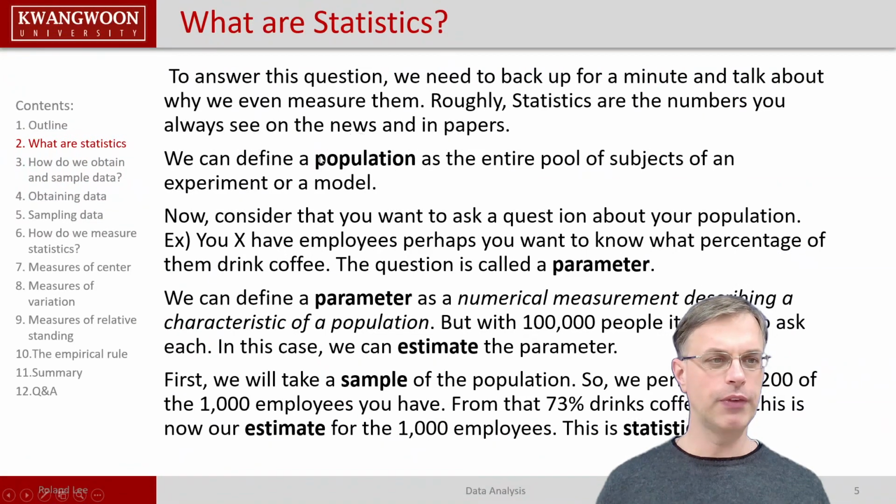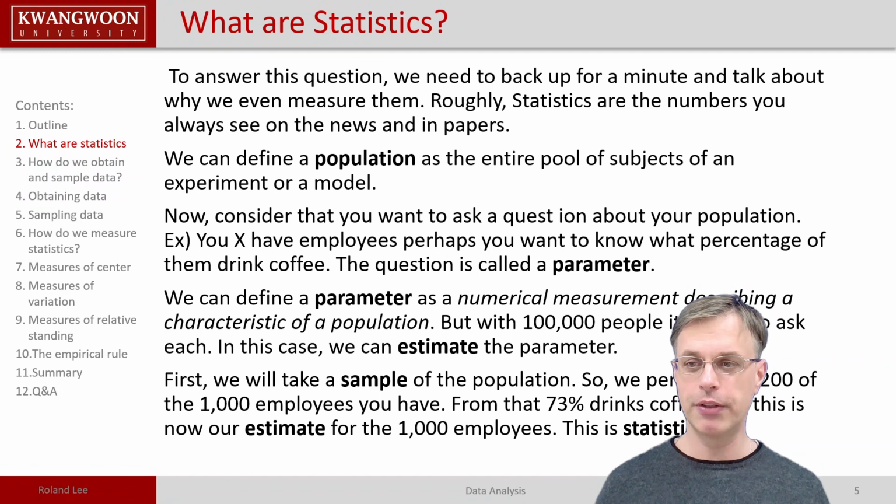We can define the population as the entire pool of subjects of an experiment or model, and then we get the parameter, and we can estimate the parameter by taking a sample, right?